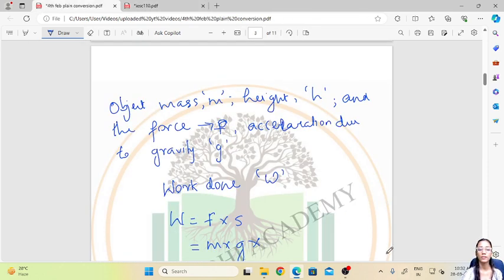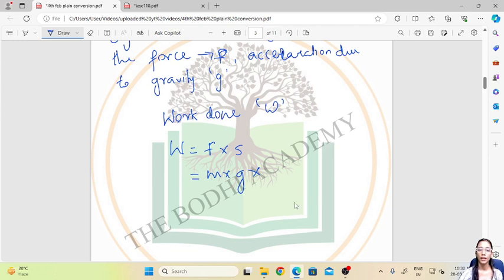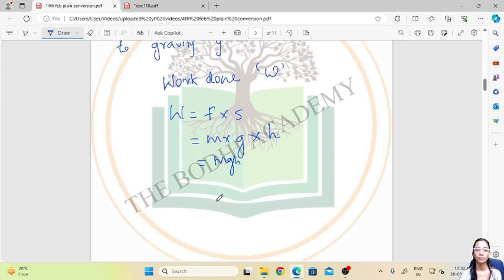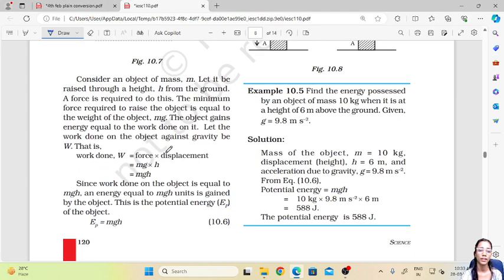So the distance is h. The formula for this work done is mgh, and that work done can be written here as the potential energy. So the potential energy is mgh. The formula for potential energy is mgh.